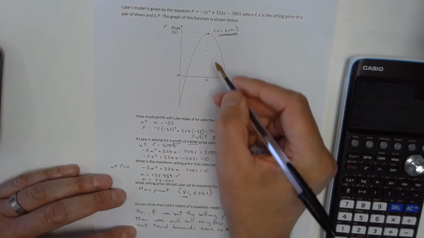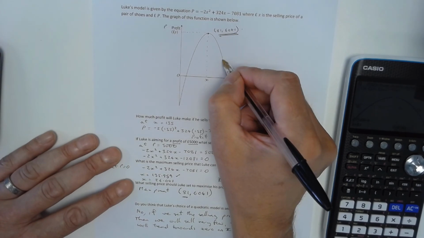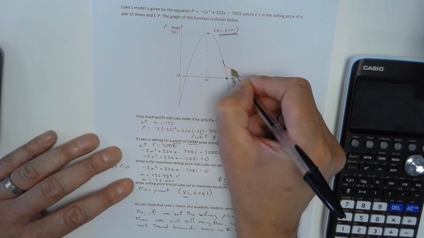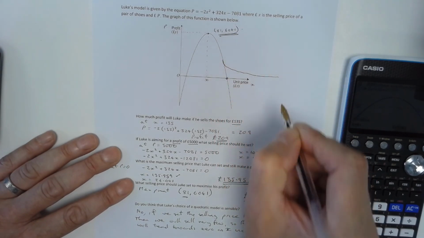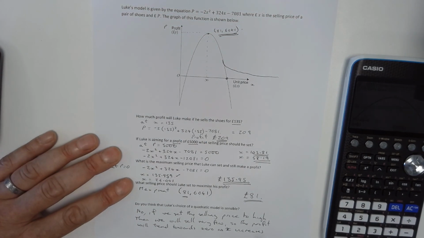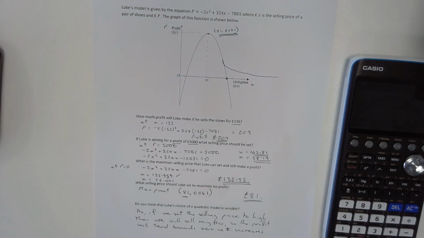So I think the more likely graph is that as X gets higher, it's going to go off like that. So I think we could be saying that as X is higher, a quadratic model is probably not going to be an appropriate model. Okay.